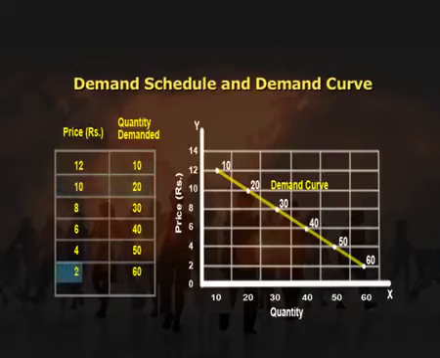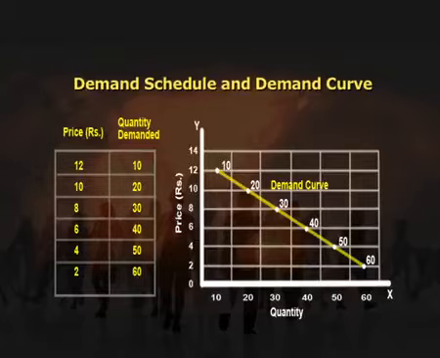At rupees 2 per unit, the consumer will buy 60 units of the good. The demand schedule, when presented graphically by plotting different combinations of quantity demanded in relation to its price, would show a demand curve. The above demand schedule and demand curve state that there is an inverse relationship between the price of a good and the demand for it.